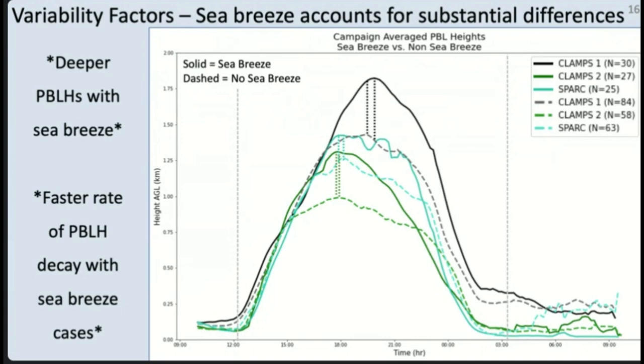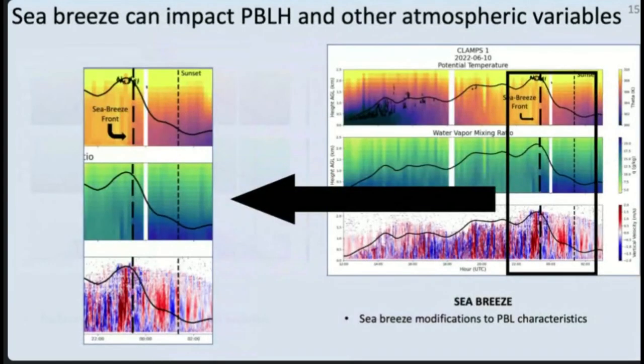We're actually keeping that higher layer, because if we look at cases like this one specifically, you can see where you would expect the sea breeze to be based off of our vertical velocity difference right after it passes, but we're still identifying our PBL height as being that upper level, if that makes sense.